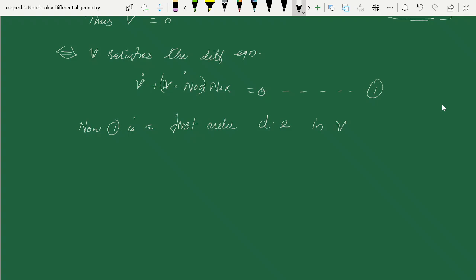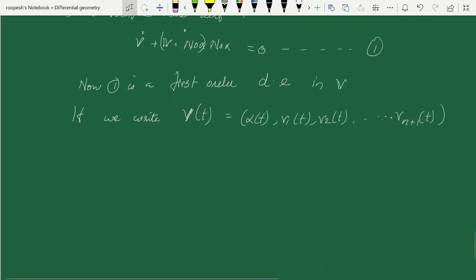If we write V of t equal to (alpha of t, v1 of t, v2 of t, etc., v_(n+1) of t), we have written V in terms of its components.